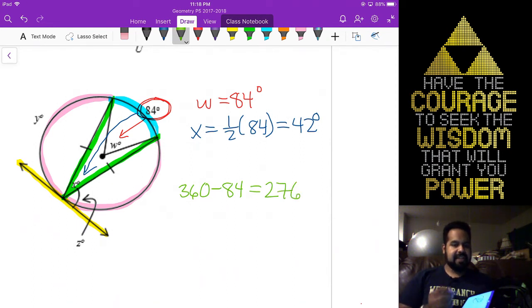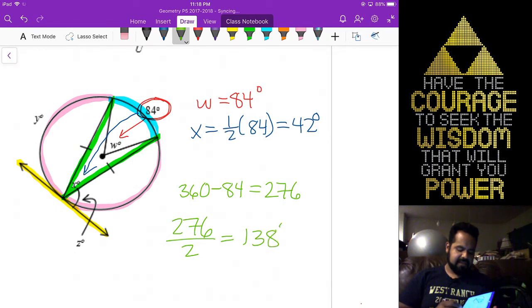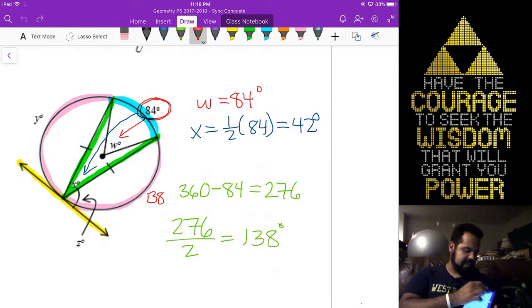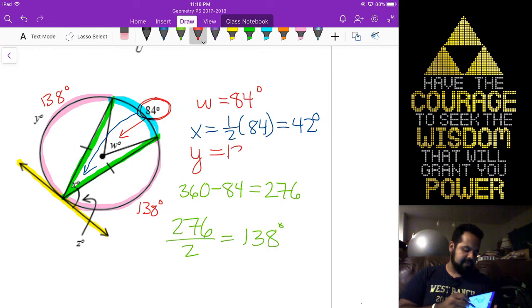So then I'm going to take my 276 and split that in half, and that's going to equal the measure of our two sides. That's 138 degrees here, 138 degrees here. Therefore, angle Y equals 138 degrees.